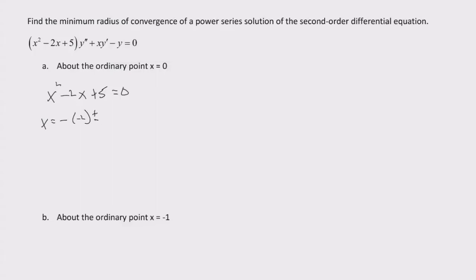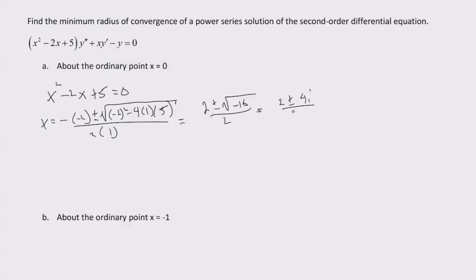So using the quadratic formula, negative b plus or minus the square root of negative 2 squared minus 4ac, all over 2a. All right, so that looks like 2 plus or minus the square root of 4 minus 20, so negative 16. So 2 plus or minus 4i over 2, which is 1 plus or minus 2i. Okay, so the singular points would be 1 plus or minus 2i.